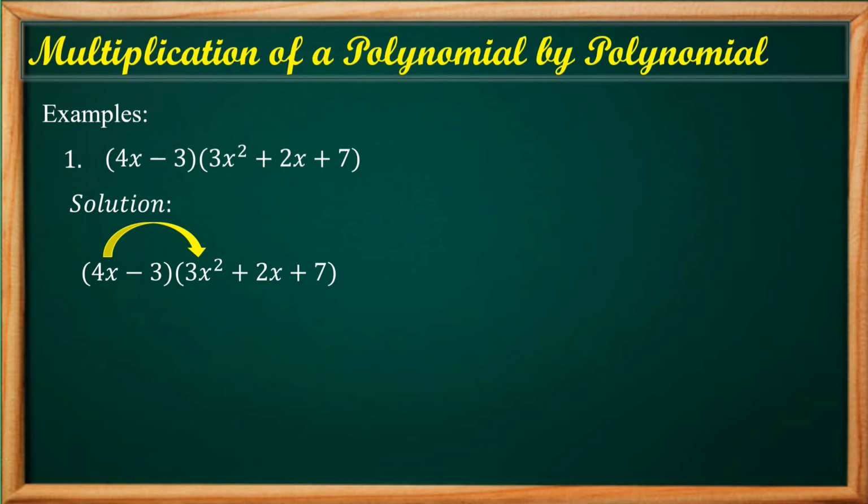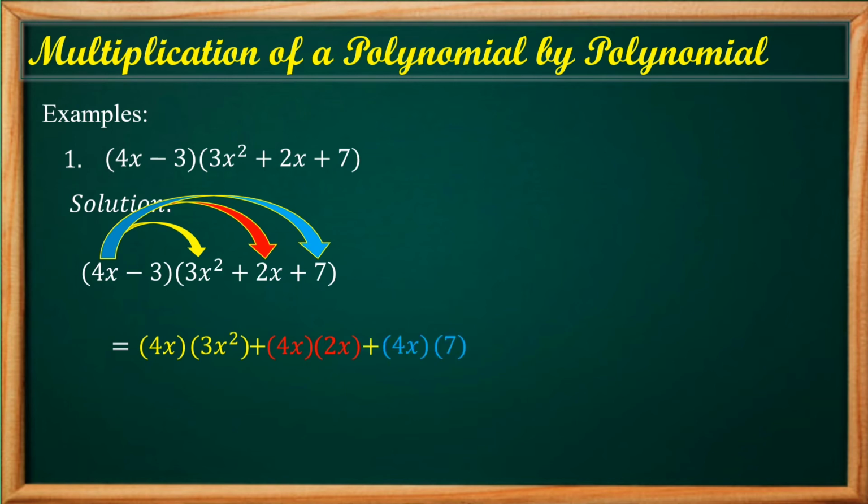Example, 4x times 3x squared. Ayan siya. Then 4x times 2x. Then plus again, 4x times 7. Next, distribute na naman tayo. Negative 3 times 3x squared.